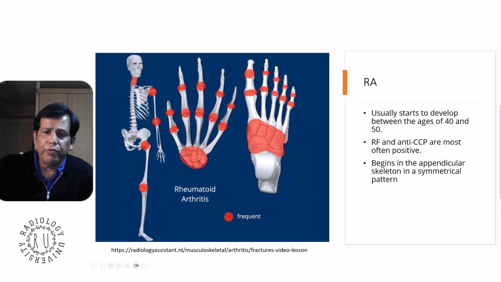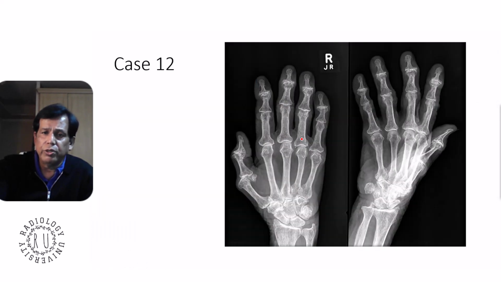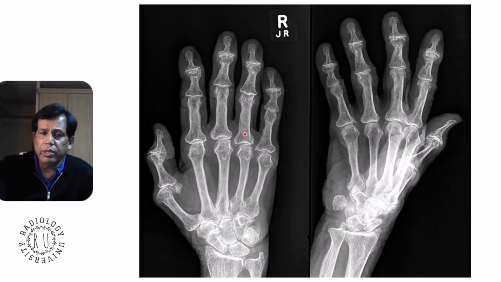Look for rheumatoid factor and CCP, whether they are positive, often they are, and the pattern of distribution. Once you have suspicion radiographically, you can ask for rheumatoid factors, blood parameters, antibodies, and things like that. Yeah.